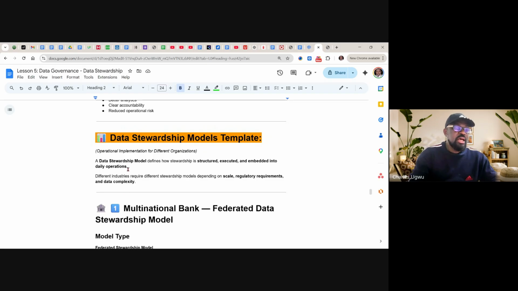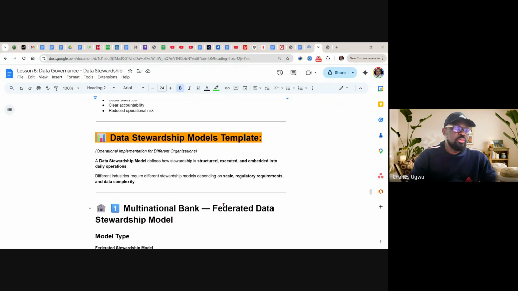So a data stewardship model defines how stewardship is structured and executed and embedded into daily operation.